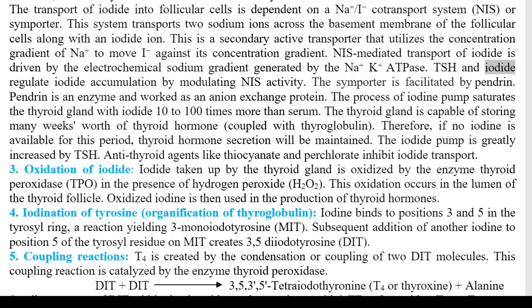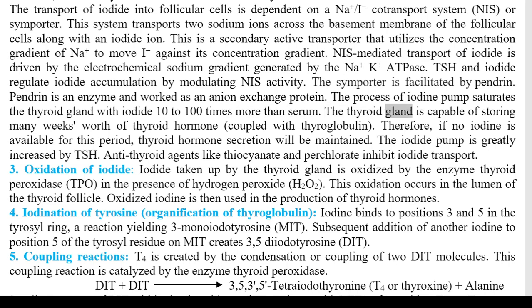TSH and iodide regulate iodide accumulation by modulating NIS activity. The symporter is facilitated by pendrin. Pendrin is an enzyme and works as an anion exchange protein. The process of iodine pump saturates the thyroid gland with iodide 10 to 100 times more than serum.